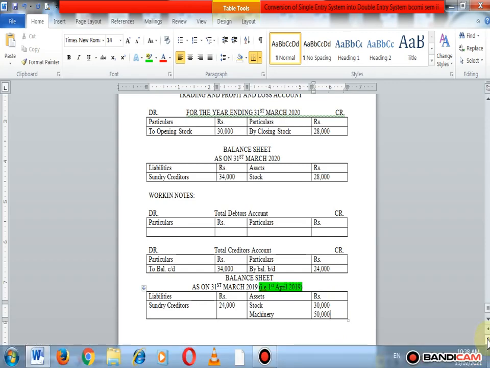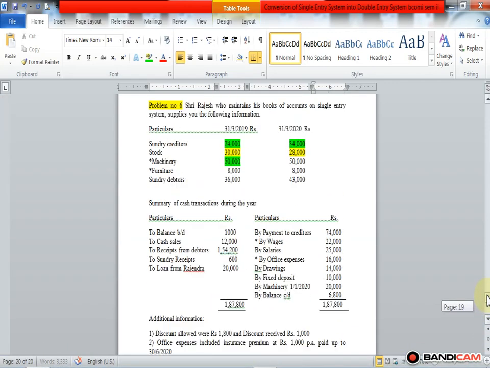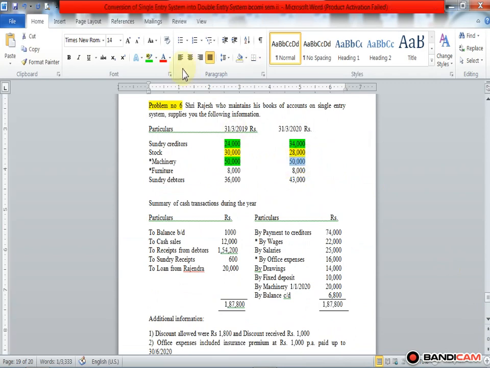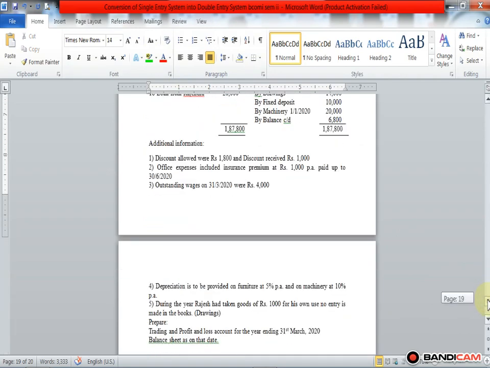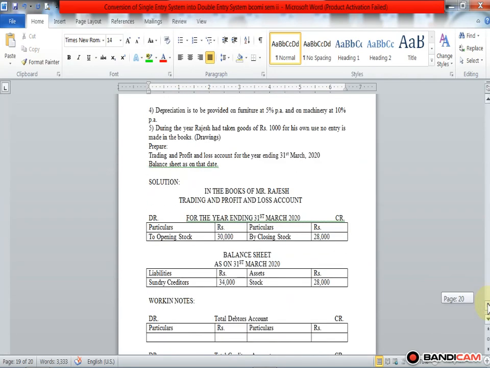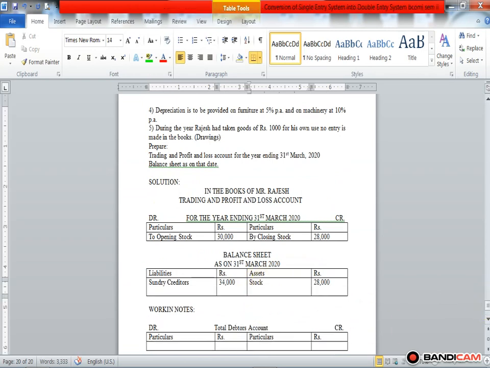Closing balance of machinery is also transferred, but the amount is written down in the inner column, because some adjustment is given on the machinery. So here machinery 50,000.